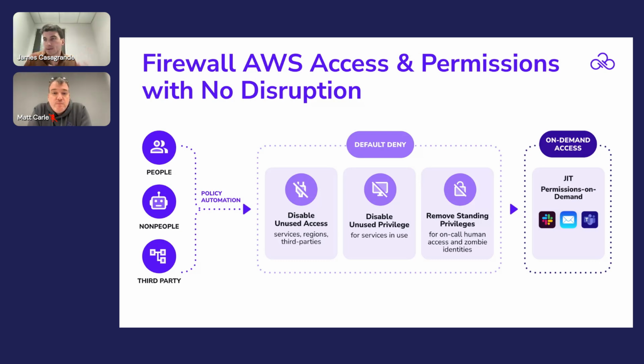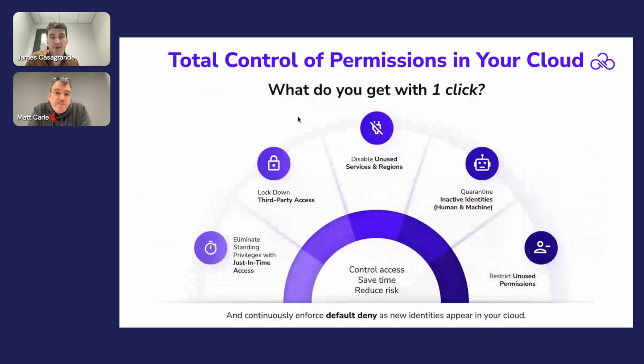But the idea is, let's figure out how to control access for people, for machines, and for third parties. We do it a little bit differently for each one, but we think we can successfully do it by using JIT, locking down third parties by using a default deny there, using services and regions as a control point to just turn them off.